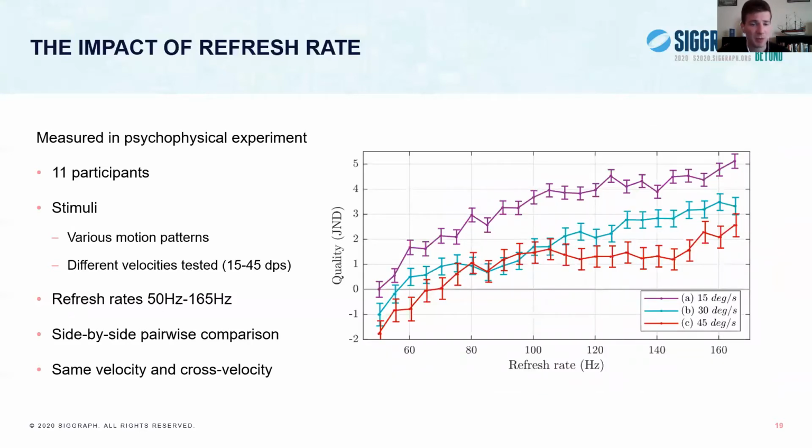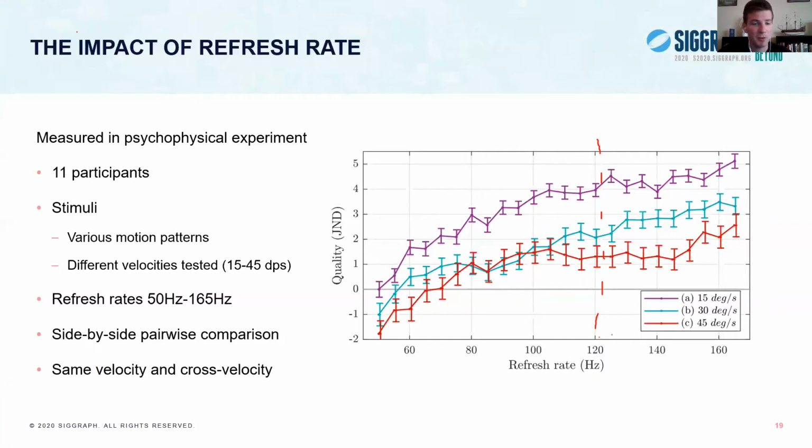We found a few interesting trends when plotting the quality curves of different object velocities as a function of refresh rate. First, refresh rate remains important well above 120 Hz.